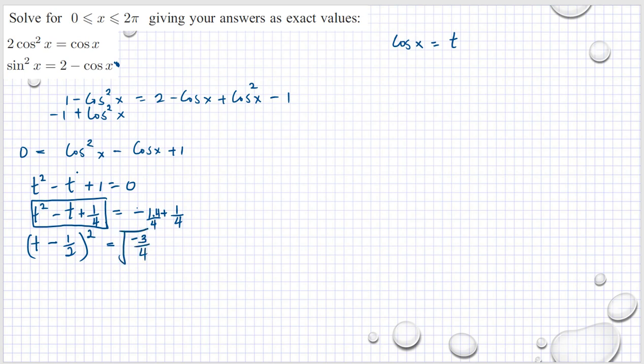And then if we take the square root of both sides of the equation, we have no real solutions, because we have a negative inside the radical sign. So as you can see here, we can declare this as no real solutions.